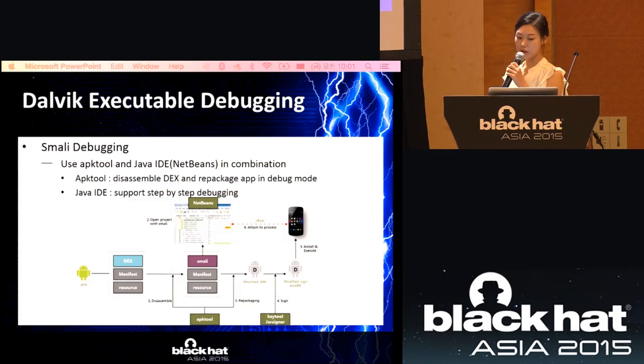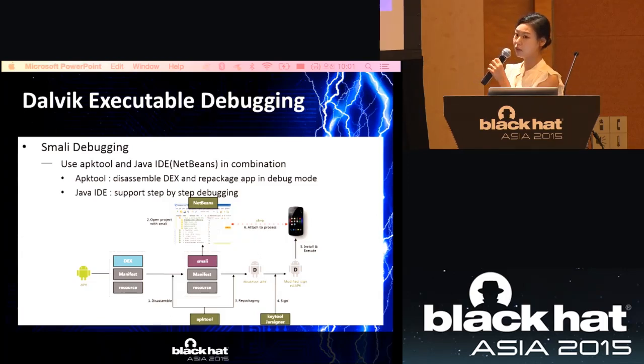So let me explain in more detail about Dalvik executable debugging. Smali debugging uses APK tool and DABiD in combination. In this slide, I made an example using NetBeans IDE. The analyst disassembles the application first by using APK tool and gets the Smali code.